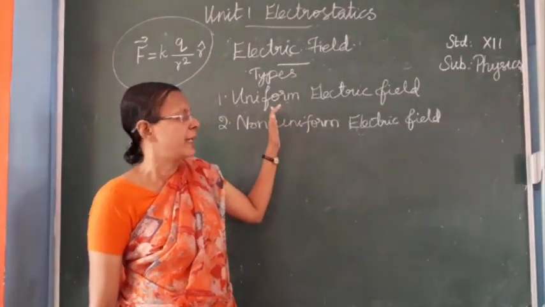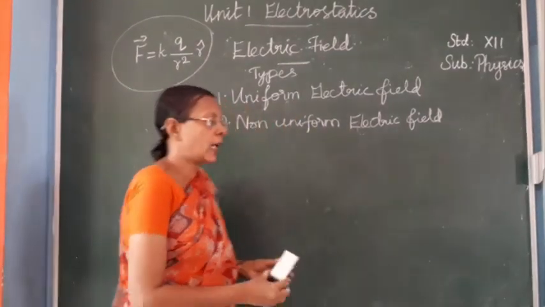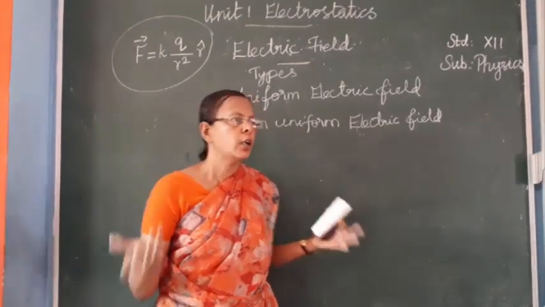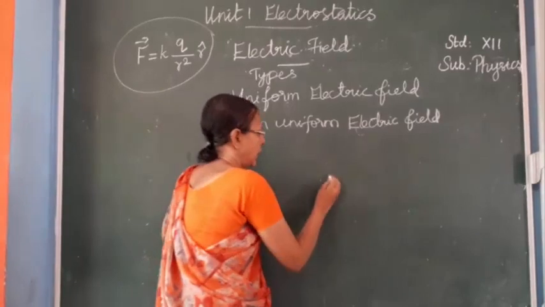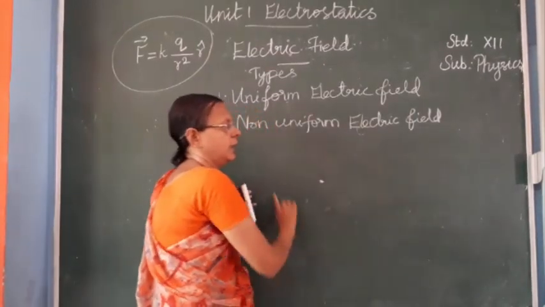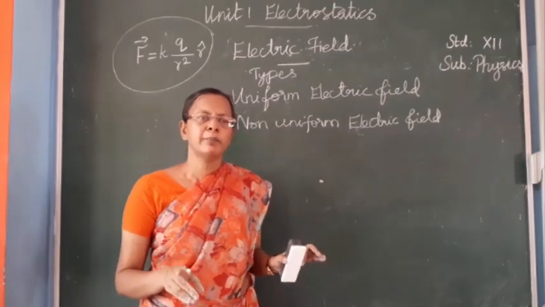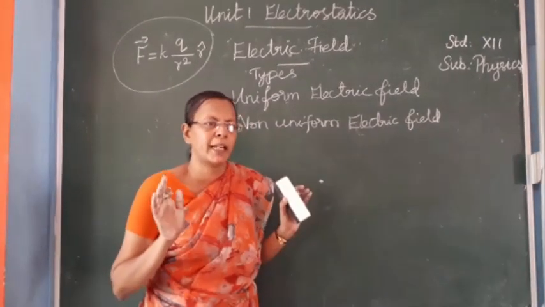What is a uniform electric field? The electric field in the space around a point charge, where the magnitude is the same all around the charge, and the direction is also the same. That is a uniform electric field.